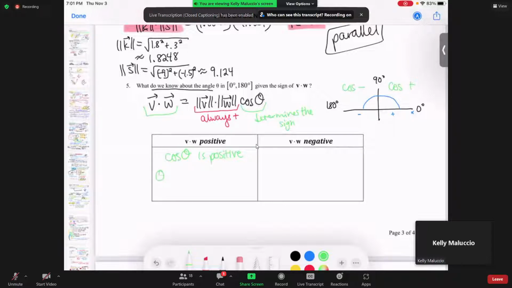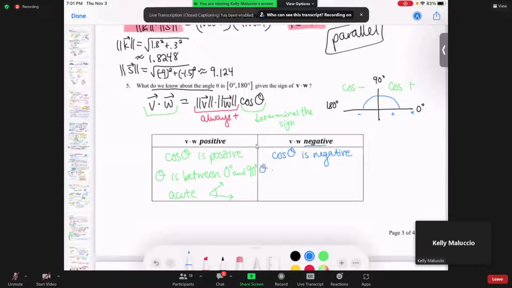And theta is between 0 degrees and 90 degrees. It's in that first quadrant and it's acute. Then on the negative side, if V dot W is negative, cosine has to be negative, because that's the only way based on this equation that we can get it negative.